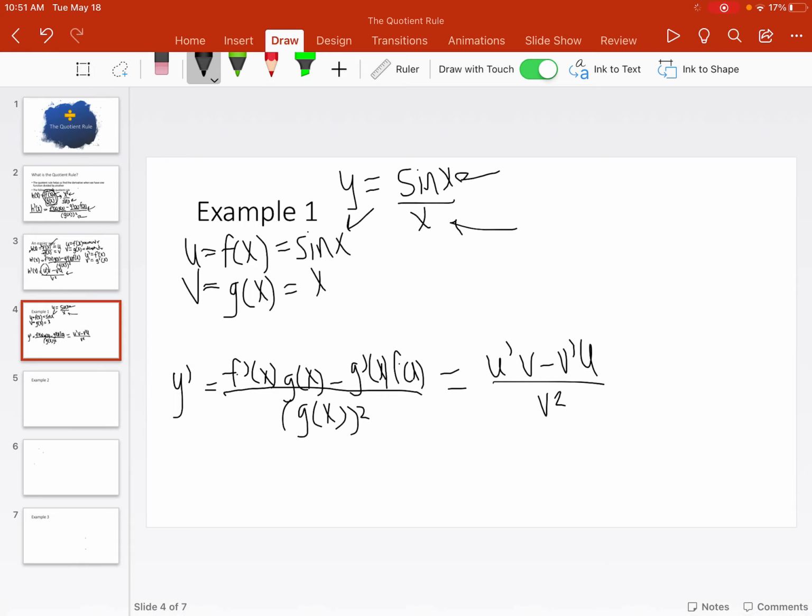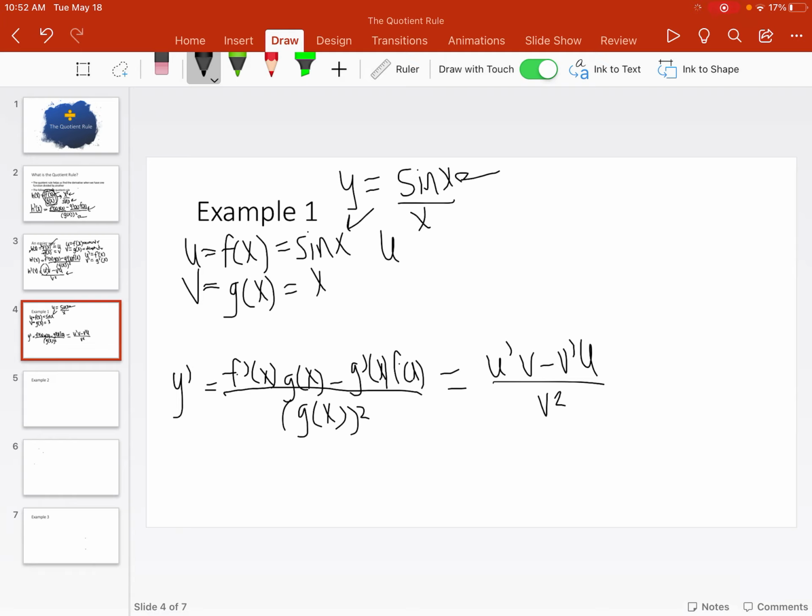So let's go back. We wrote down our reparameterized version, much neater. Let's find u prime and put all the pieces of the puzzle together. We have our rule, we've written it down, so we just have to put the pieces together.